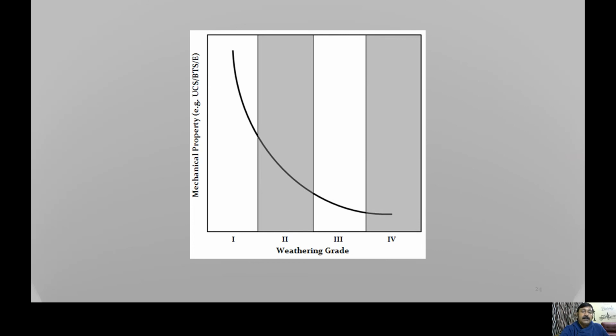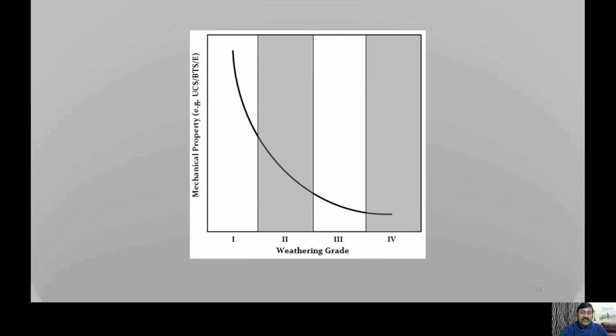So this is probably related to the dependence of the mechanical properties on microcracks at the initial stage. When weathering intensifies, the distribution of these microcracks becomes so abundant that it is hardly any more dependent on specific microcracks, which would be controlling the failure behavior.